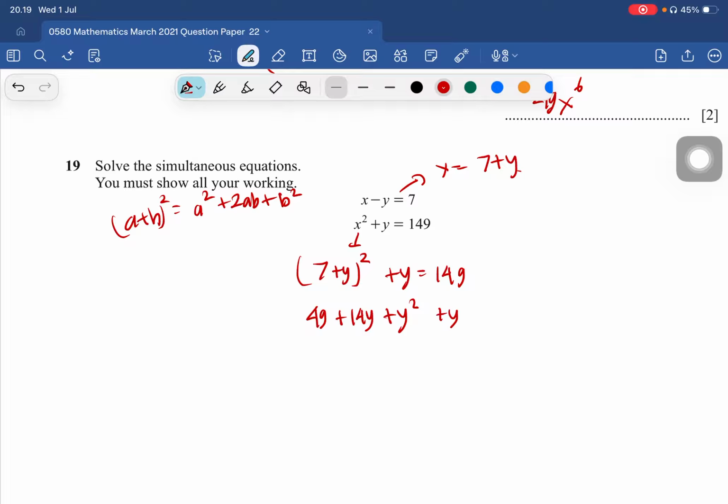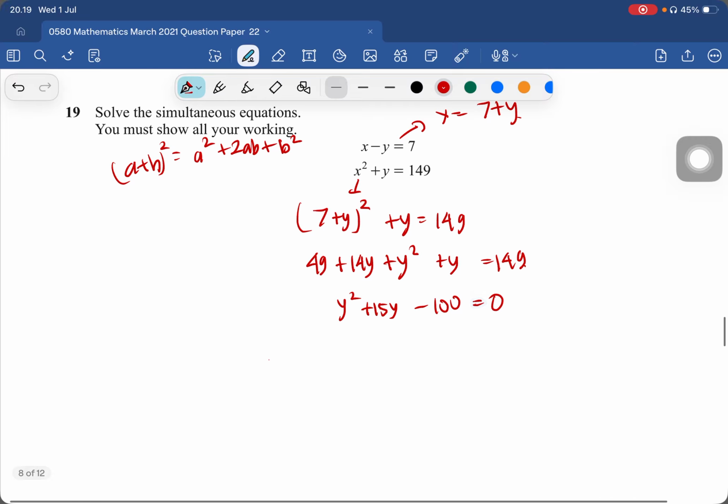Plus y equal to 149. So y squared plus 15y, we minus 149, so it is minus 100 equal to 0. Okay, we can factorize it.